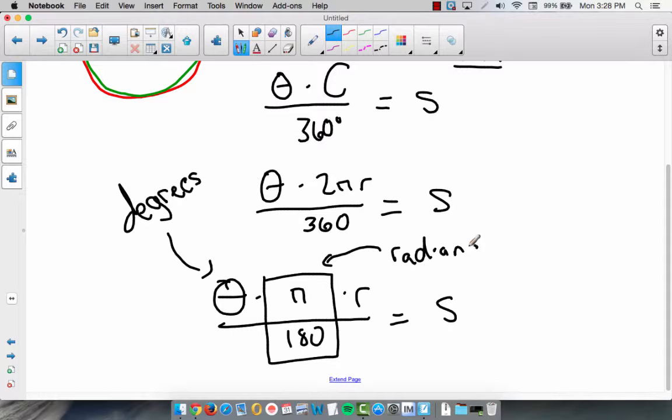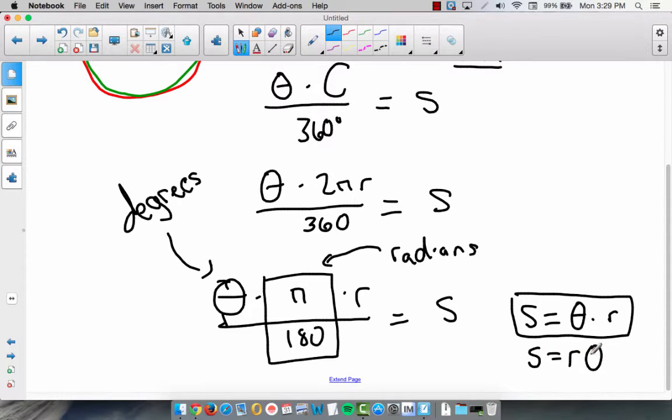So if I say theta is in degrees, but then I change it to radians, I get this really nice formula that says S is equal to theta times r. And how beautiful is that? I usually say S is equal to r theta, but what a wonderful equation. So simple, easy to remember, and we can use it to find the length of any arc of a circle.